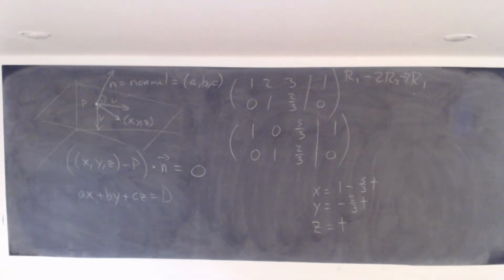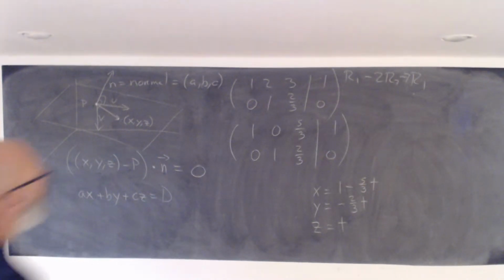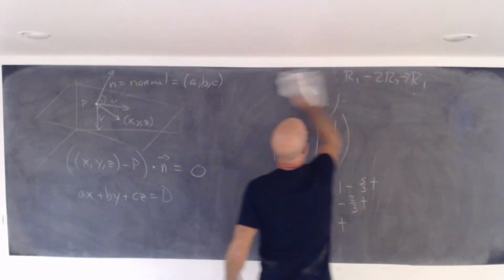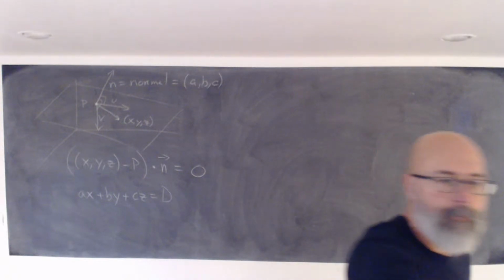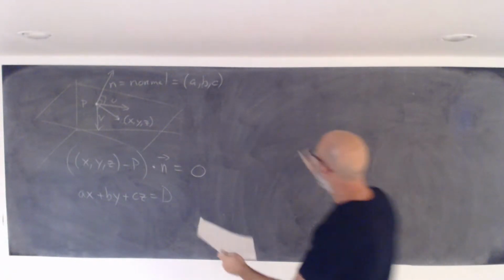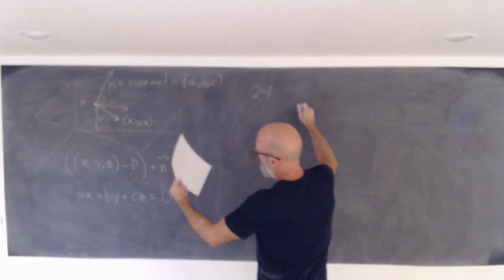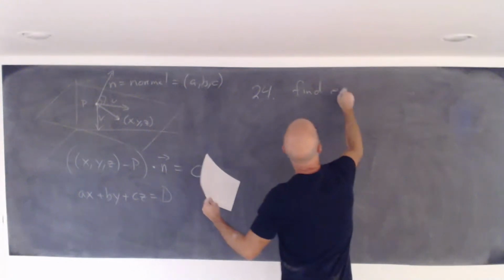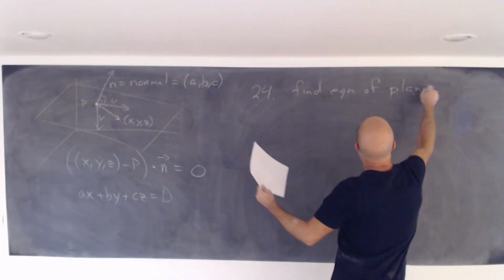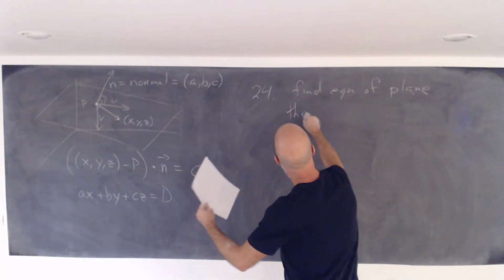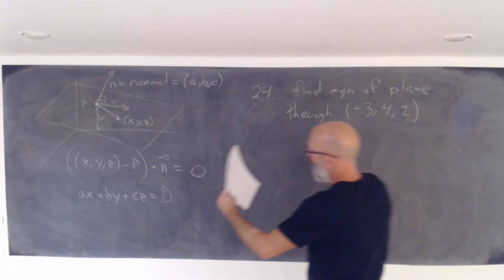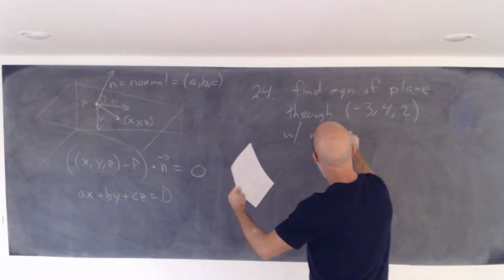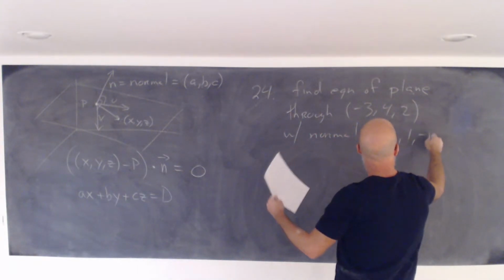Let's take a few examples. We are asked to find the equation of a plane through the point (-3, 4, 2) with normal (6, 1, -1).